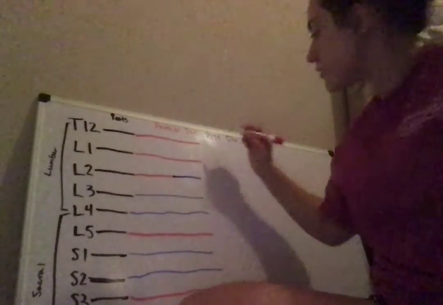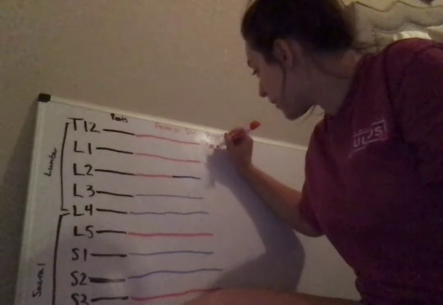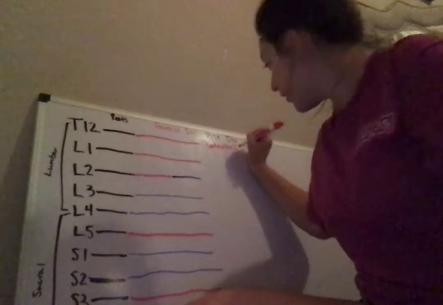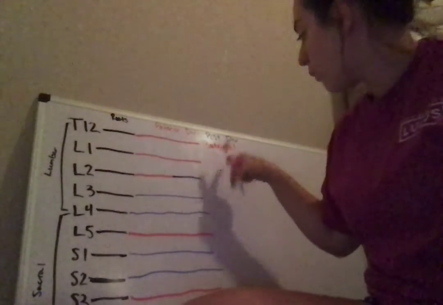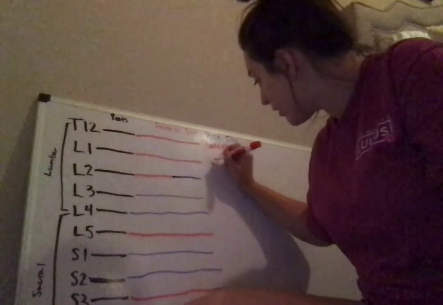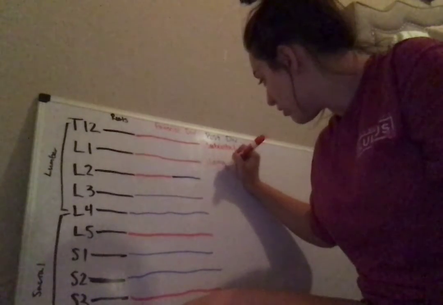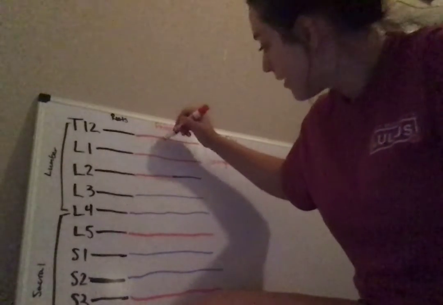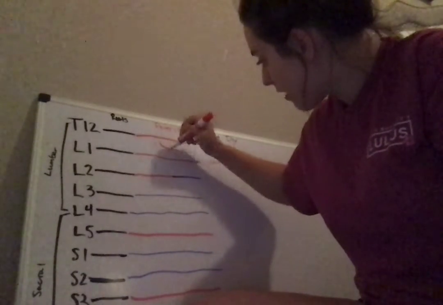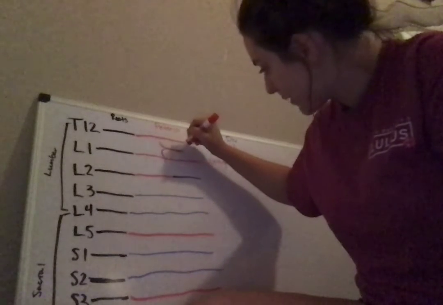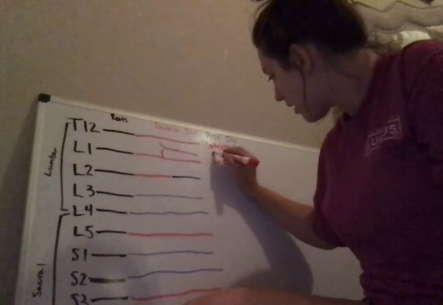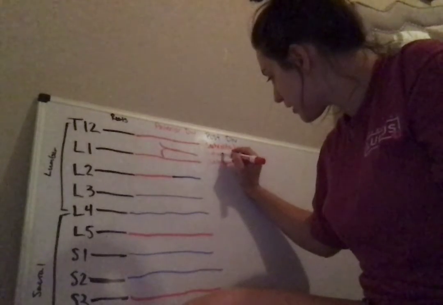So the very first one we have is the subcostal nerve, and then L1 provides the ilioinguinal, and then we get a branch of T12 and a branch of L1 coming together, and they give rise to the iliohypogastric.